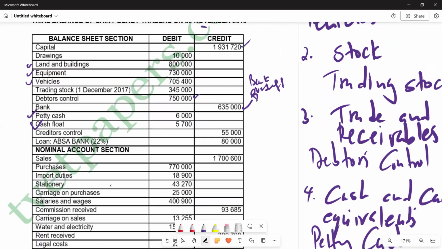We have here 1,931,712. So this is our opening capital, or we can just call it balance at the beginning of the year.